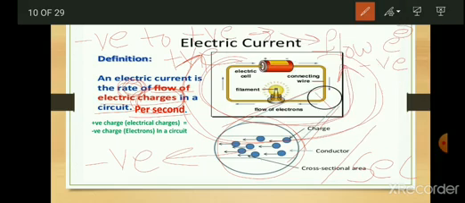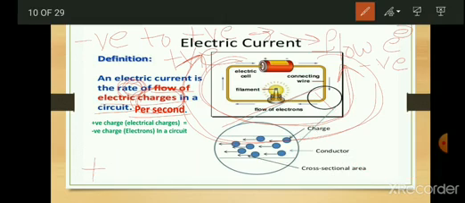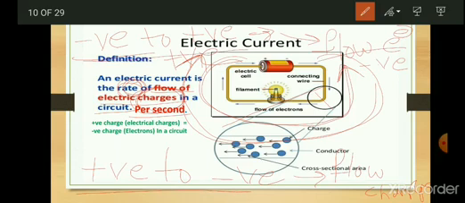And if the charges flow from the positive terminal to the negative terminal of the battery, that is the flow of charge. Both are opposite to each other, students. Negative to positive is the flow of electrons, and positive to negative is the flow of charge. Both are exactly opposite to each other.